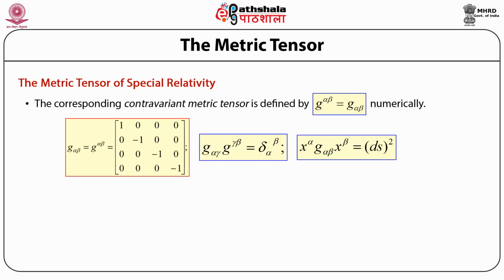Further, if we take the product of these two metric tensors, g_αγ times g^γβ, then this is equal to the delta function δ with superscript β and subscript α. Further, the invariant interval from this entire discussion can then be written as x^α g_αβ x^β equals ds squared.